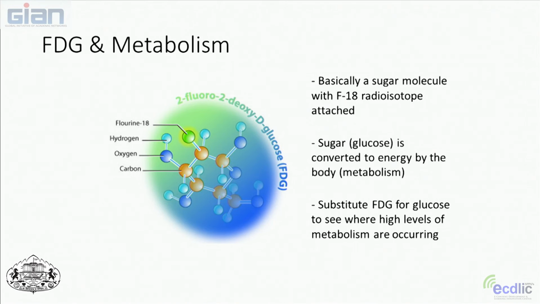So when your cells need energy, sugar is broken down into glucose, and we can use glucose as the energy in the body. So if you substitute FDG for glucose and inject it into somebody, then you can measure where high levels of metabolism are occurring in the body. So we're looking at areas of the body that are eating up this glucose more quickly than others.